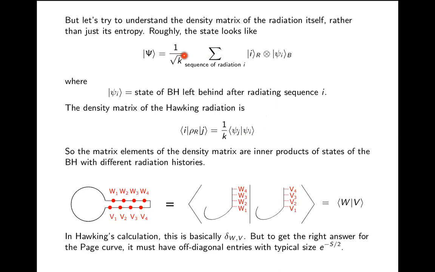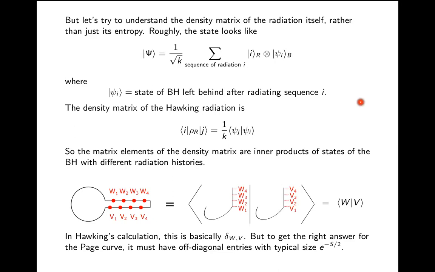But you can always write it this way. The coefficient I wrote out front is a little bit sloppy, but I was trying to simplify things a little bit for this slide. So this K here is the dimensionality of the number of I's.